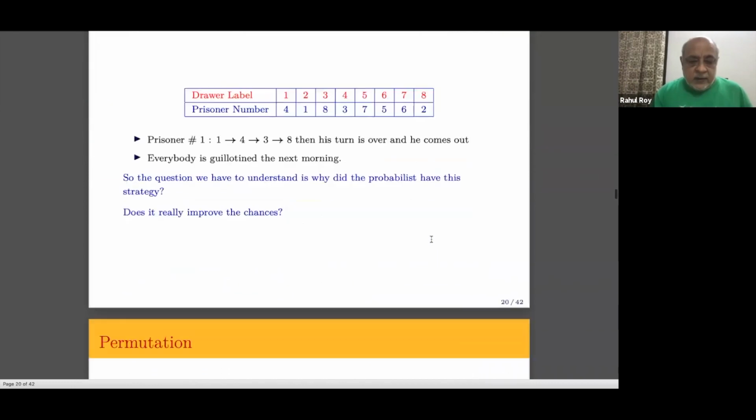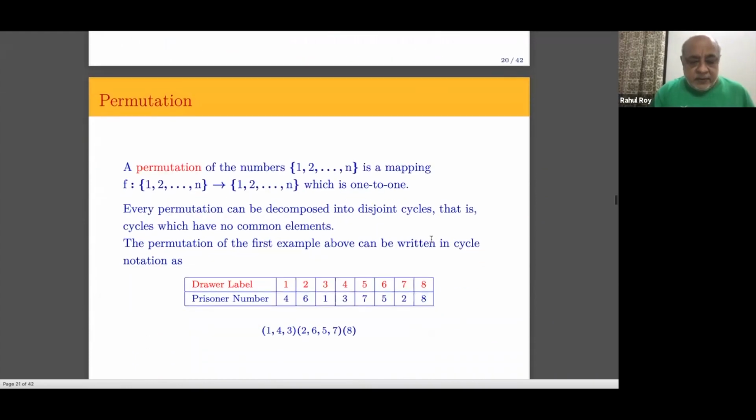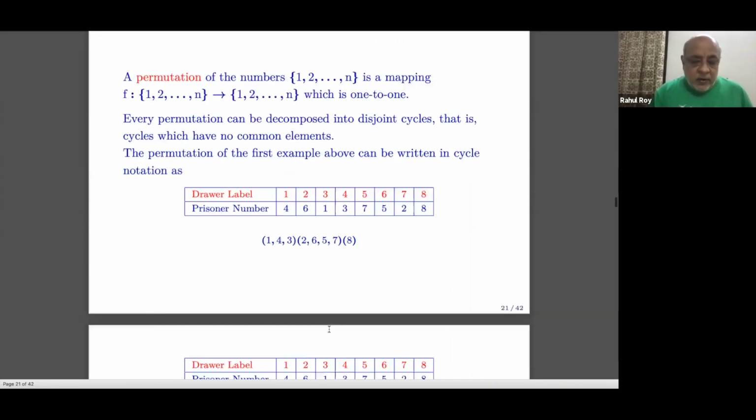And then I told you that this is related to the notion of permutation, and in particular, the cycles in the permutation. In the successful example, there were 3 cycles: 1, 4, 3; 2, 6, 5; and 7, 8. None of them over 4 in length. So the maximum length of the cycle here is 4.